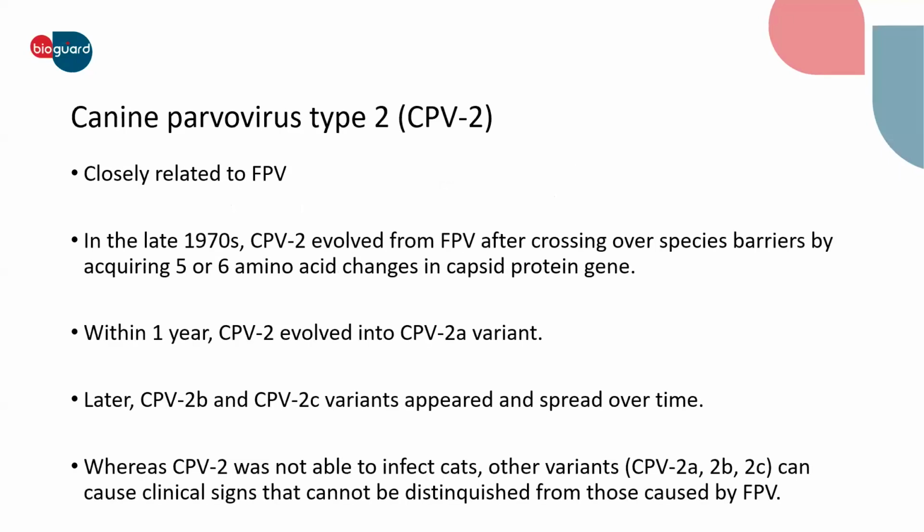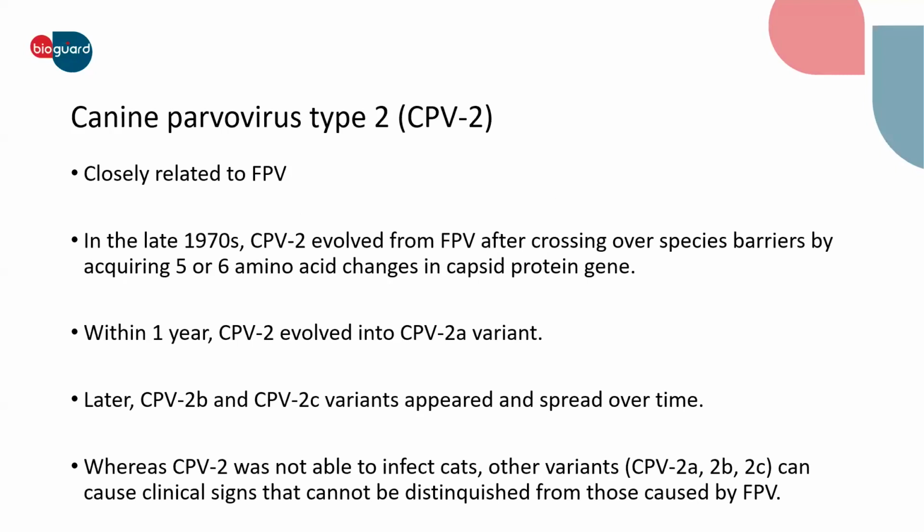And when we are talking about the feline parvovirus, we cannot forget the canine parvovirus type 2, or the CPV2. This CPV2 is closely related to FPV. It was actually identified later than the FPV.